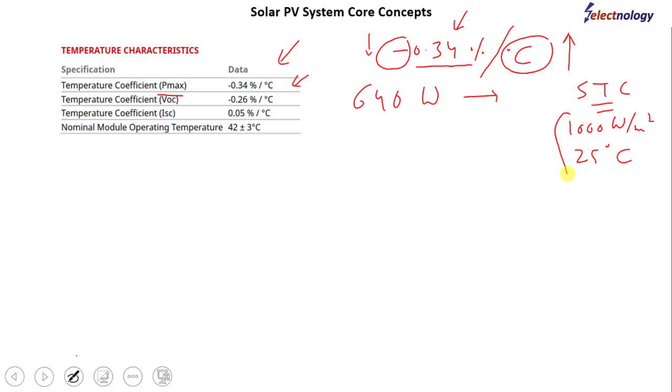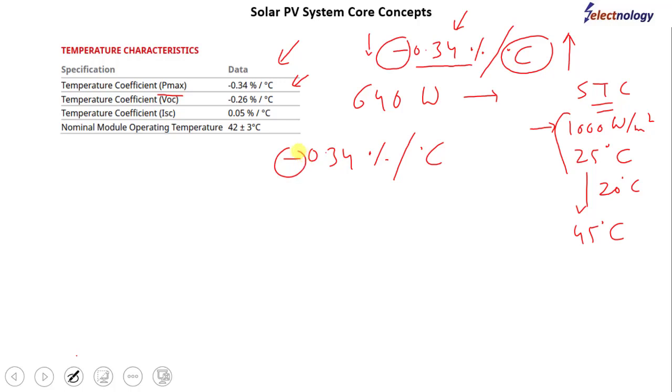Now for a moment assume that the sun energy remains constant, 1000 watt per meter square, but the module temperature is increasing. Assume that the module temperature increases to 45 degrees centigrade, so there is a change of 20 degrees centigrade. Now the question is how much power shall be reducing. Writing again here this parameter, minus 0.34% per degree centigrade.